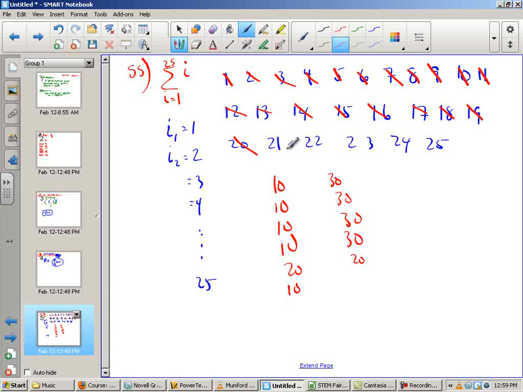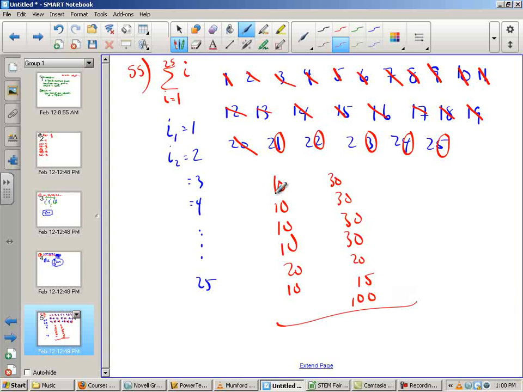And then, you know, 1, 2, 3, 4, 5. If I add those up, it's 3, 6, 10, 15. And then I've got 2, 4, 6, 8, 10. That's 100.